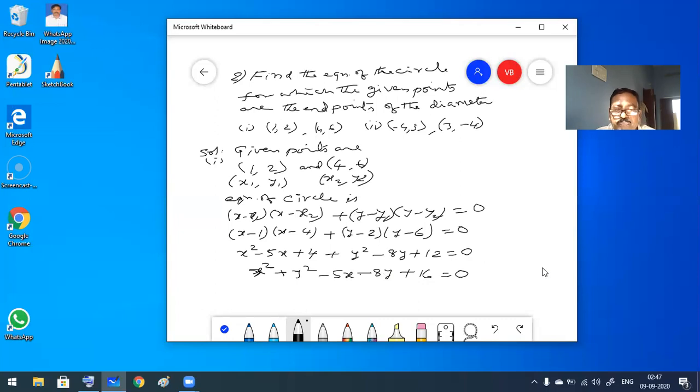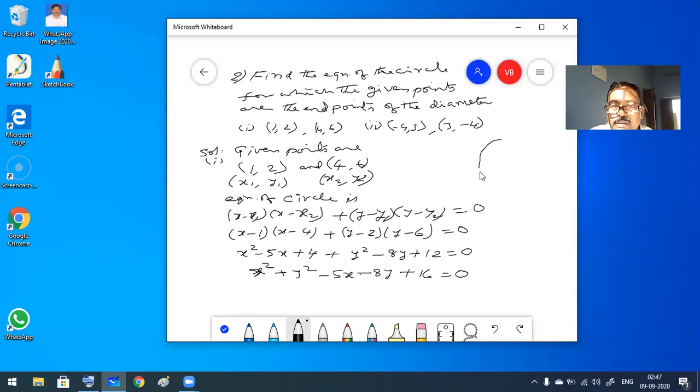So this is the circle equation which has the given endpoints of the diameter. So 1 comma 2 and 4 comma 6, two points are given, the end points of the diameter.